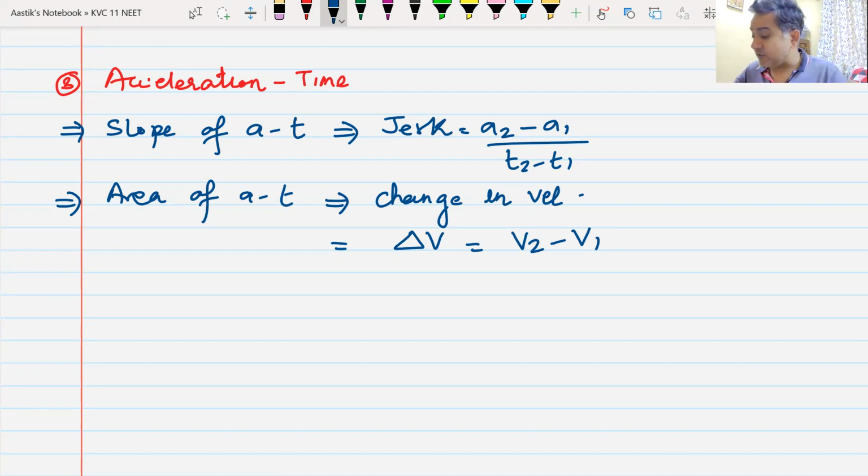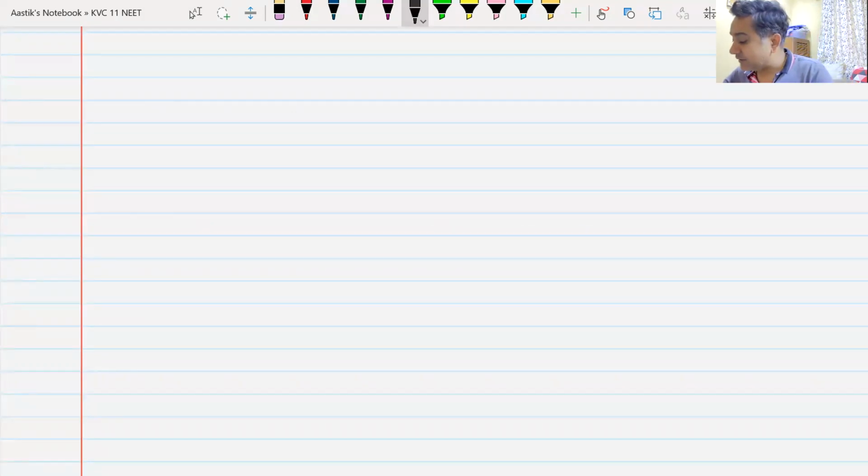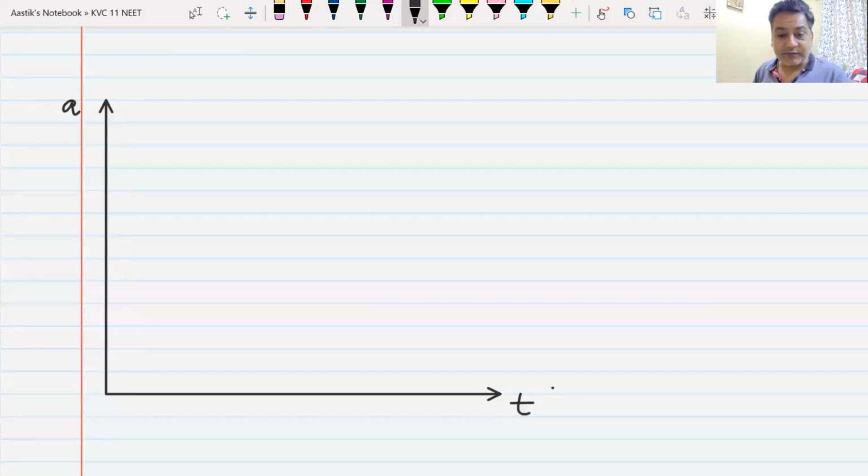Note it down and then you can just draw one graph and see how the graph looks like and what does it tell you. Acceleration is plotted on the y-axis and time is plotted on the x-axis.